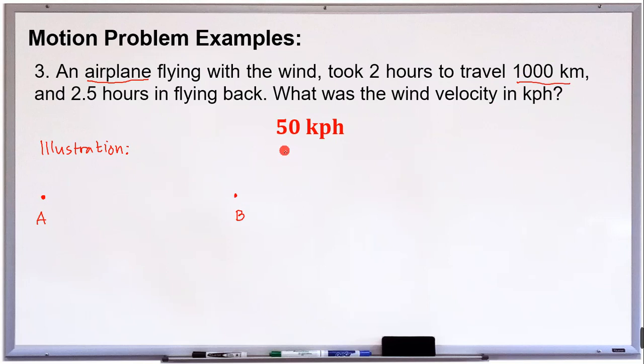So it took this airplane 2 hours to travel 1000 kilometers if it flies with the wind. So this one is 1000 kilometers.